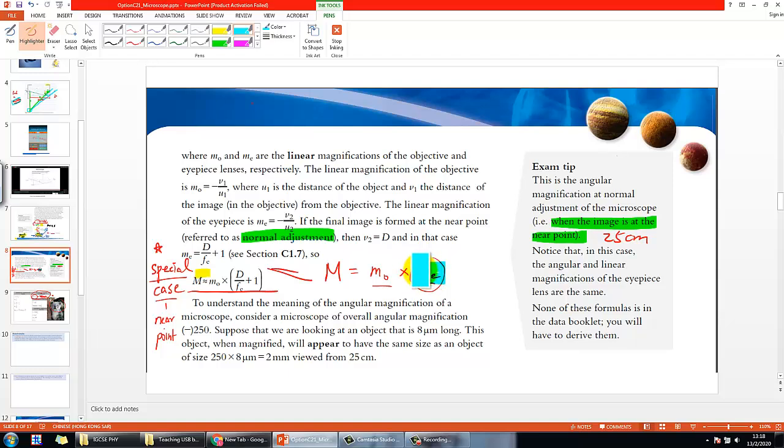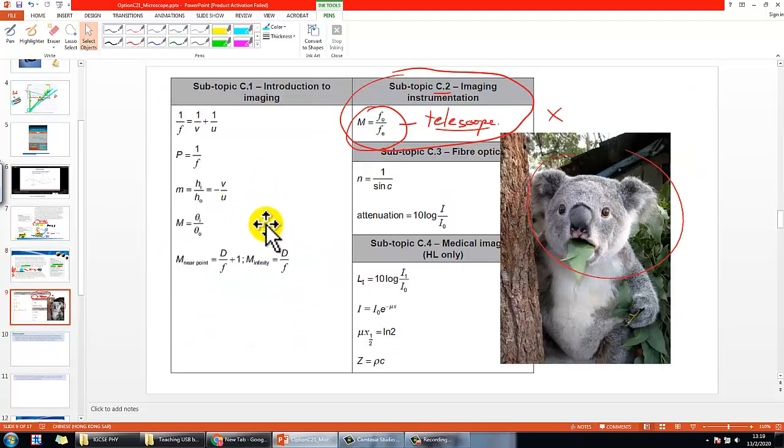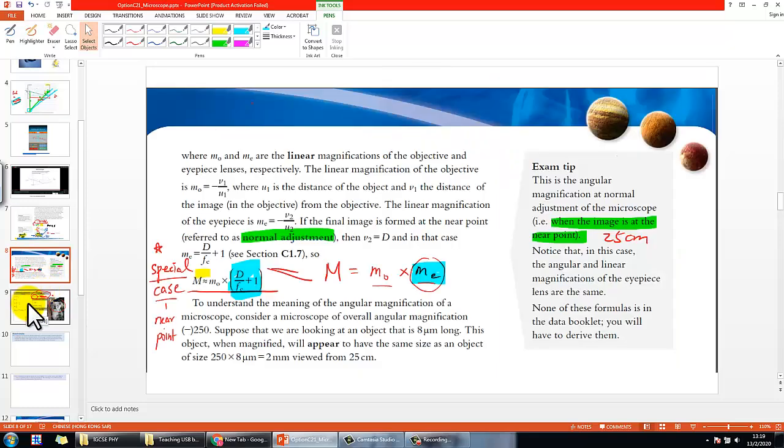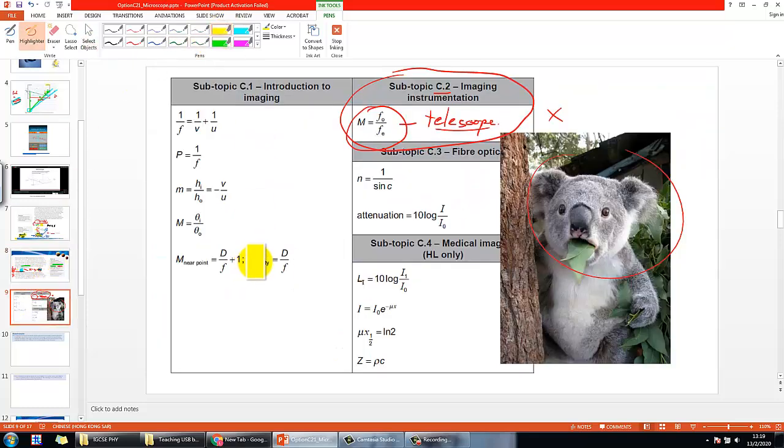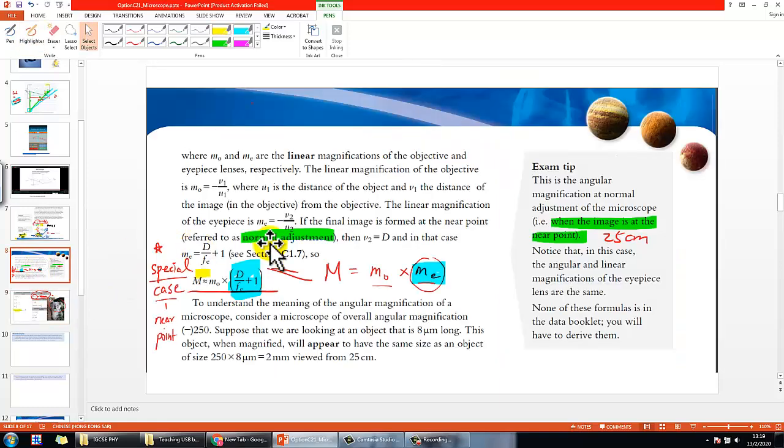If they are forming the image at near point, then you can replace the linear magnification with this one, which is on the data booklet also. Is it on the data booklet? Oh yes, this is on the data booklet. Alright, so the one that we talked about in the previous video.